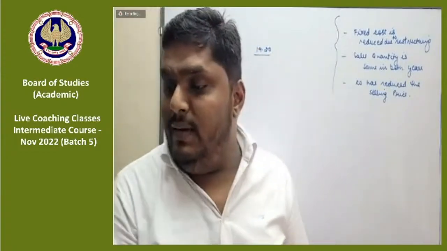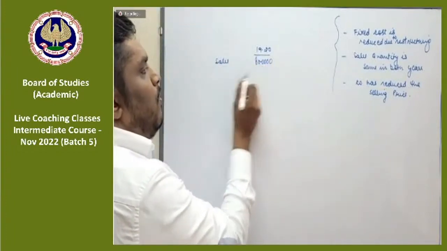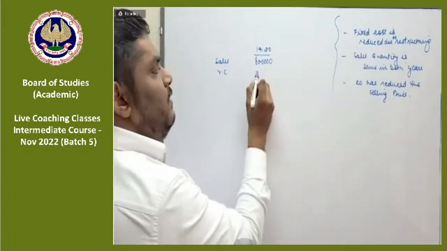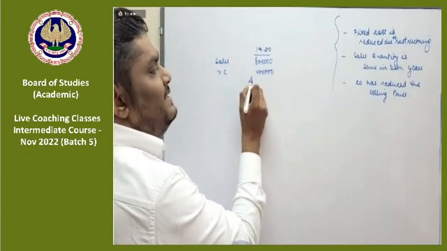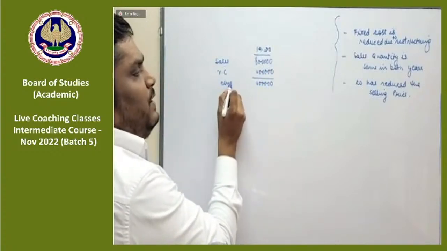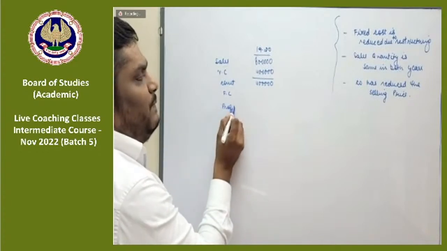In 1920, my sales is 8 lakh. My variable cost is 50% of sales, so this will be 4 lakh, since the PV ratio is given, that is 50%. So my contribution will be 4 lakh. Fixed cost is not given, and we also need profit.